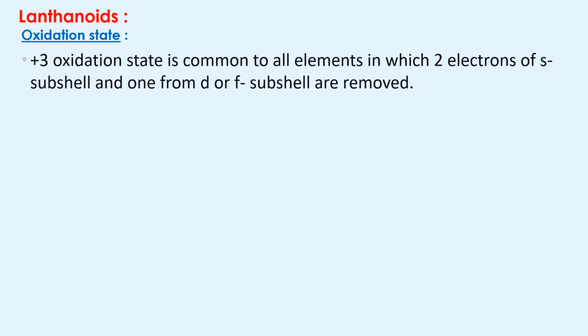Now next is oxidation state. For lanthanides, the common oxidation state is +3, in which you have to lose 2 electrons from the s subshell and one electron that may be from the d block or from the f subshell.